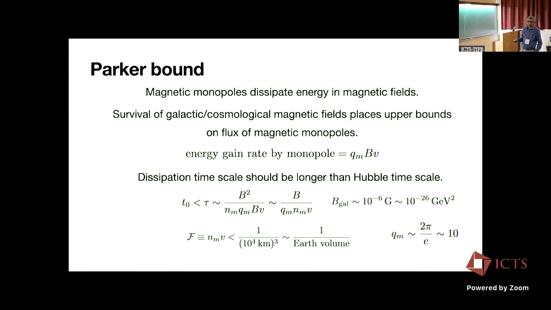So it's about 1 monopole per Earth volume is your constraint. This has been refined and discussed a little bit more, but basically there are strong constraints on the flux of monopoles, and this is called the Parker bound. Okay.